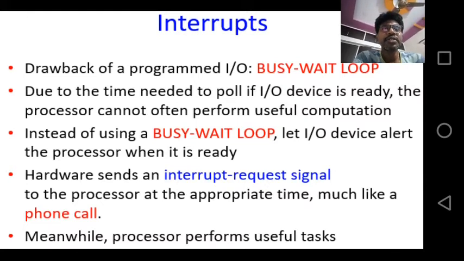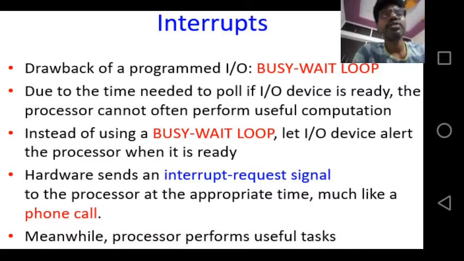So instead of using a busy wait loop, let the IO device alert the processor when it is ready. The hardware sends an interrupt request signal to the processor at the appropriate time, much like a phone call. Meanwhile, the processor performs useful tasks.